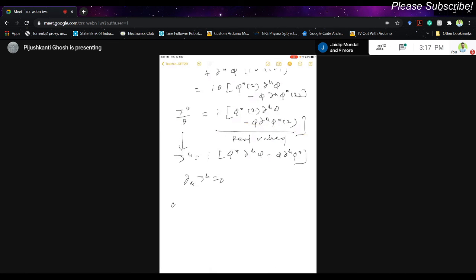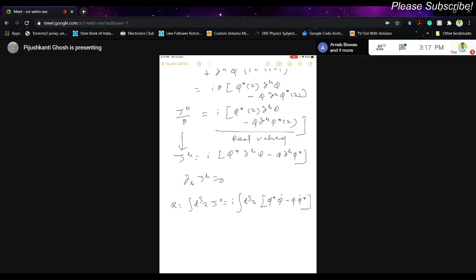So this is the expression for the Noether charge, the total charge, the integral d3x of j0, which means i times the integral d3x of phi star phi dot minus phi phi dot star.